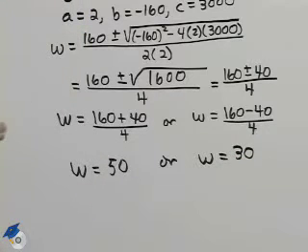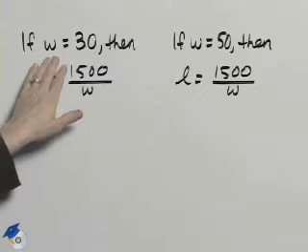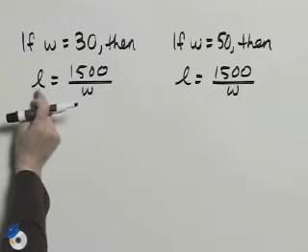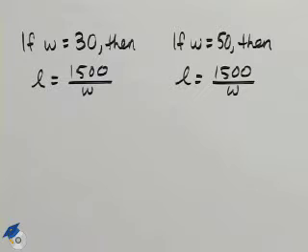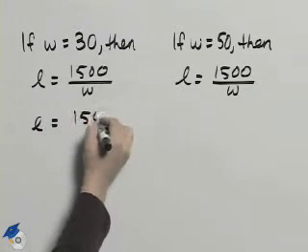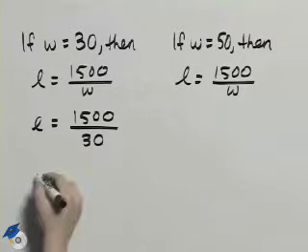We can use these values for W to figure out what L should be as well. We found two values for W. W equaled 30 and W equaled 50. So let's find the L values that correspond to those W values. We know that L is equal to 1,500 divided by W. So when W is 30, we have 1,500 divided by 30.